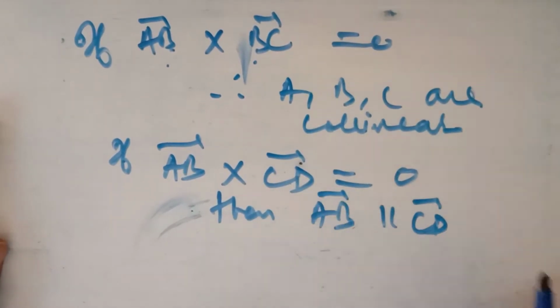If one point is common and the vector product is 0, then they are collinear vectors, and if the vector product is 0 and no point is common between them, then the two vectors are parallel.